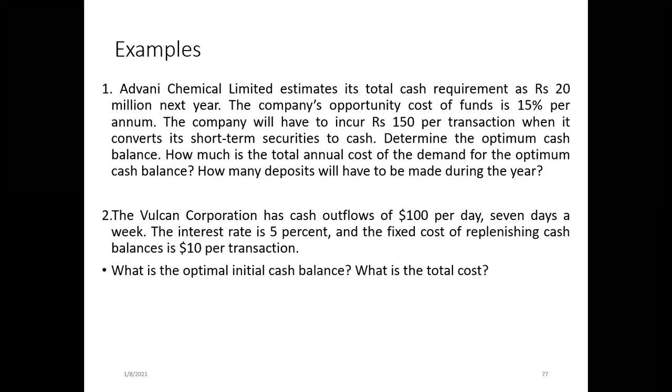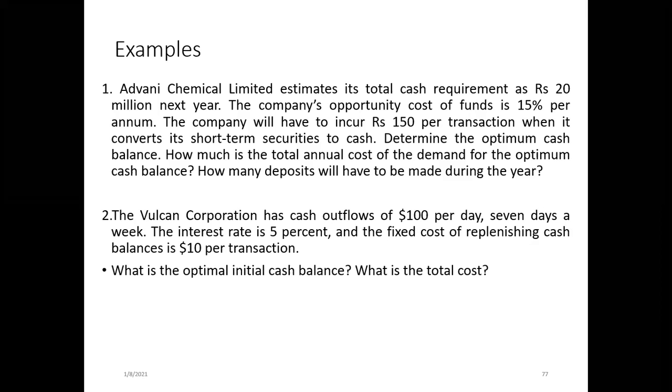Question number 2 is also the same thing, but here the cash requirement is given on a daily basis, per day, for 7 days a week. So all 7 days in a week, which means there are 365 days in a year.